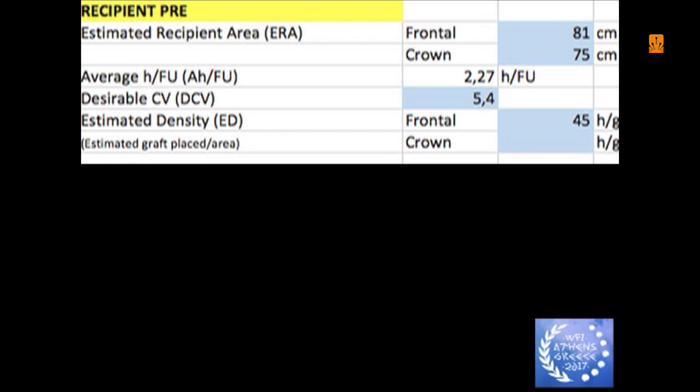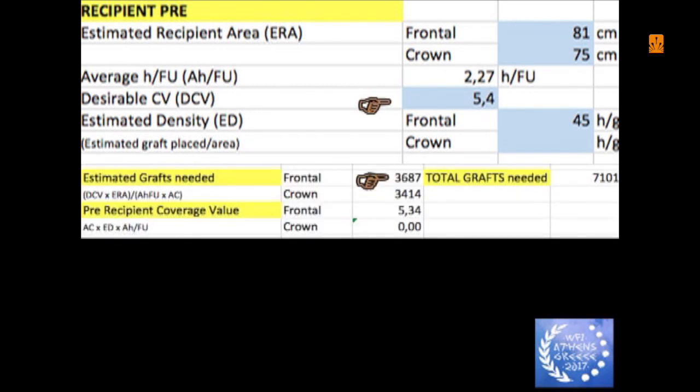When we did the pre-recipient evaluation with 81 square centimeters in the frontal area, we would need 3,600 grafts to have that desirable 5.4 coverage value. But we decided to extract only 2,800, so we knew that we were going to have a suboptimal coverage. At this point, we are not considering the native hair in our calculation.